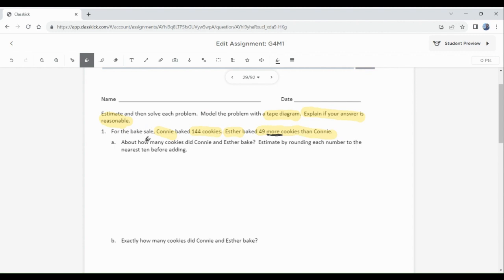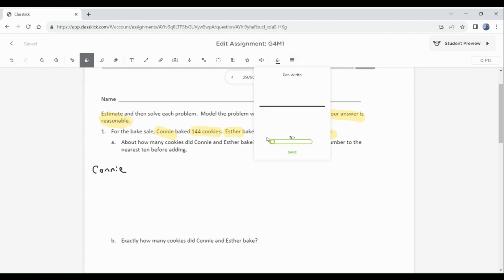Letter A says, about how many cookies did Connie and Esther bake? Estimate by rounding each number to the nearest 10 before adding. So the first thing I'm going to do is draw out and model what a tape diagram in this instance would look like. We'll start with Connie down here and Esther down here.